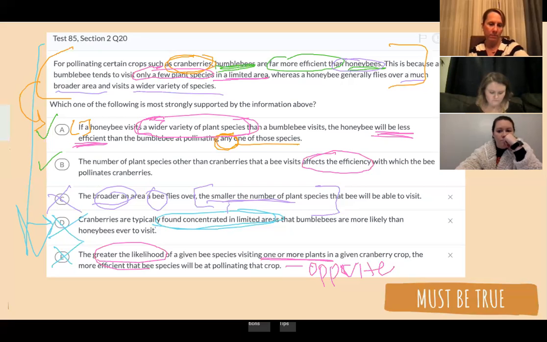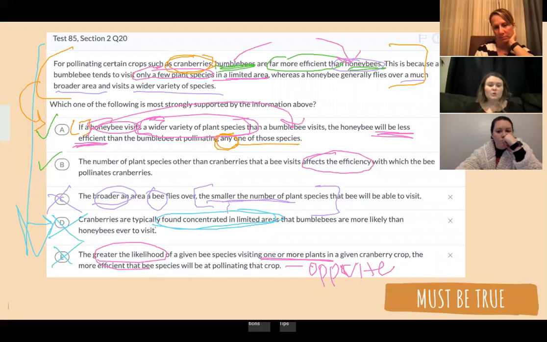What we're looking for is that they only visit a few plant species in a limited area, and we're saying the bumblebees are far more efficient than the honeybees for this reason. That doesn't mean that if we switch it and use the same reasoning, honeybees would then become more efficient than bumblebees. Who knows, there might be another thing that makes these bees different too. Are you following? Okay, cool. Excellent.